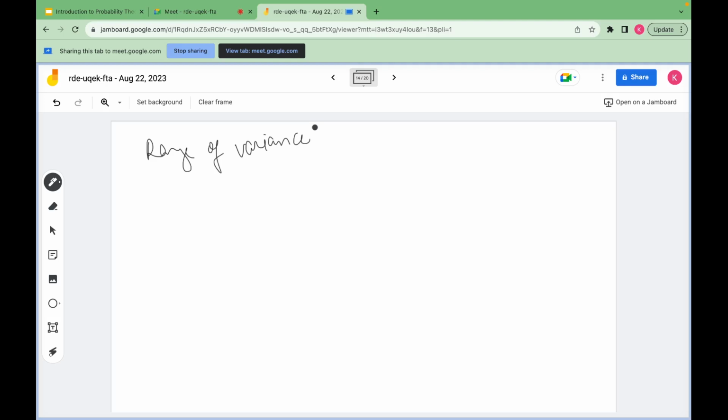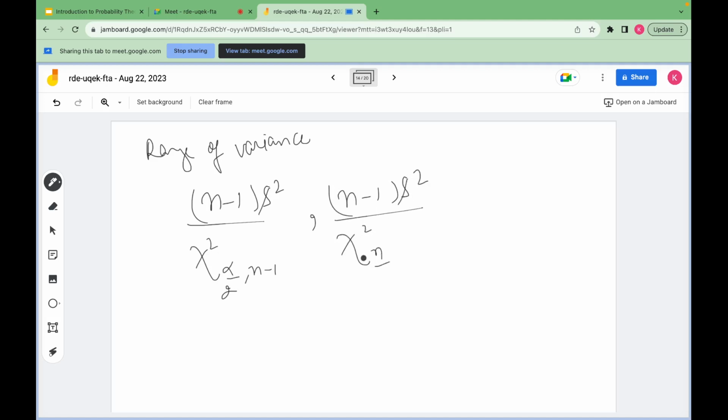So for the variance, the formula is n minus 1 s square upon chi square alpha by 2, n minus 1, to n minus 1 s square upon chi square 1 minus alpha by 2, n minus 1.